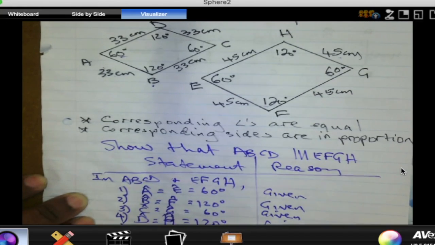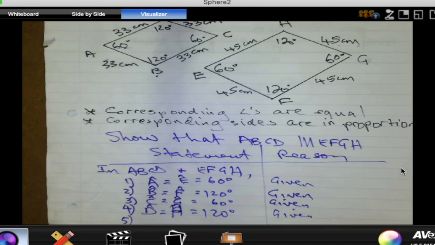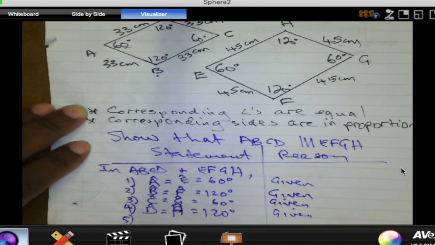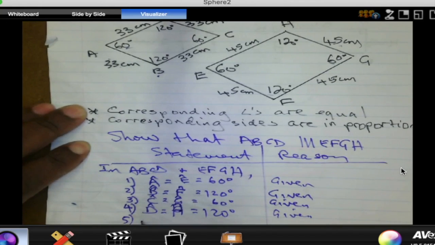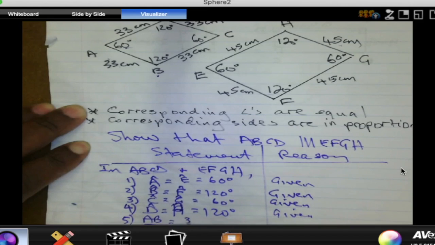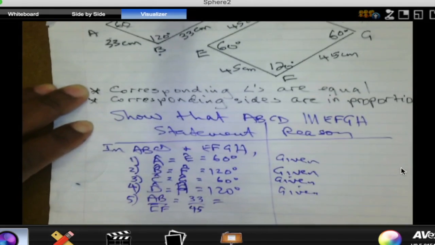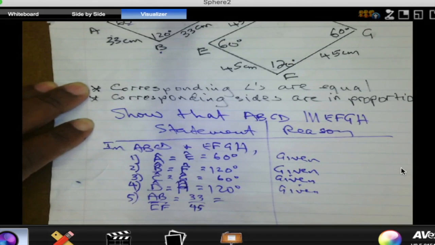Then let's rush quickly to the sides. Now for the sides, we need to take corresponding sides. If you take AB and you divide it by EF, the answer is 33 over 45. You can simplify that, but we can leave it like that. So AB over EF is equal to 33 over 45.